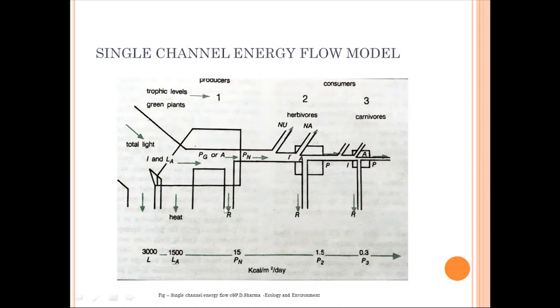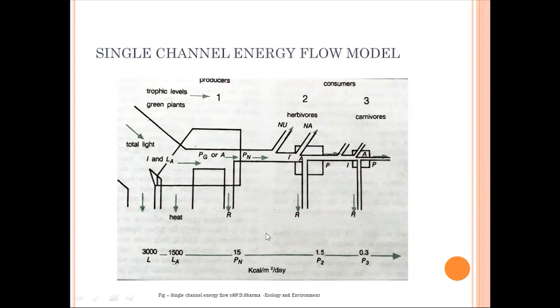So at every level there is loss of energy through respiration, and also part of it is not utilized and not assimilated at the consumer level. So if 3000 kilocalories of light was incident on the producers, out of which only 50%, that is about 1500 kilocalories, is actually absorbed, and 15 kilocalories is the actual net primary production.